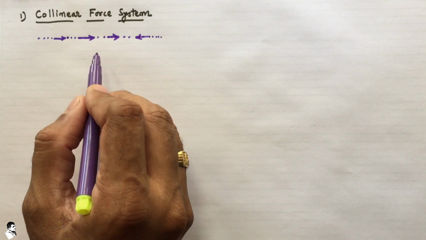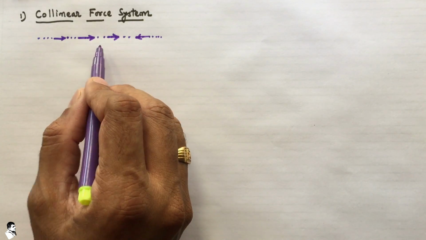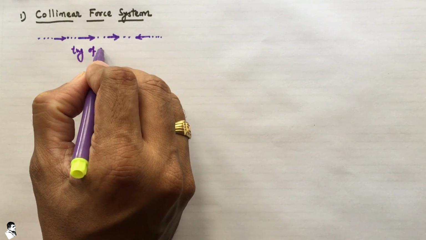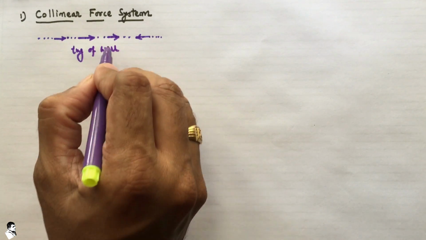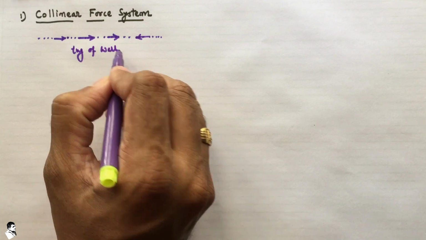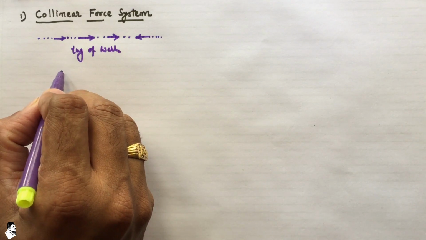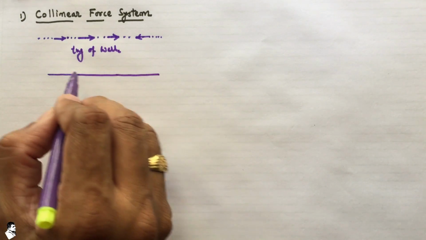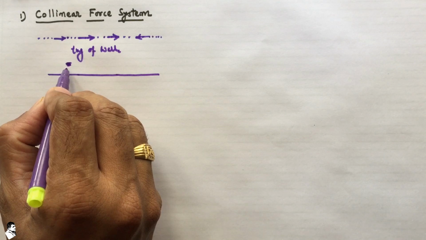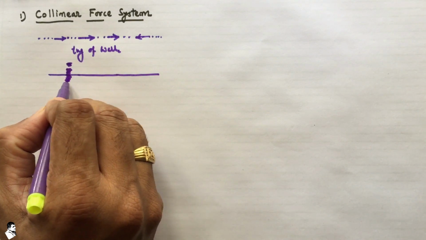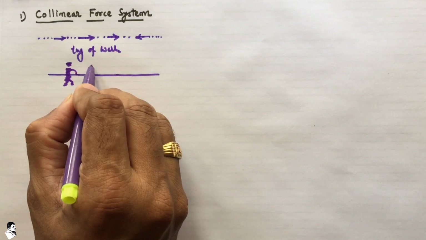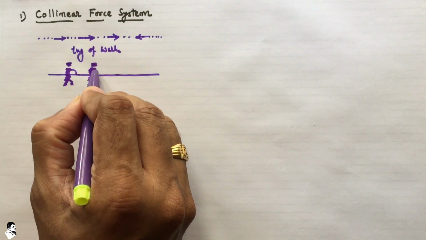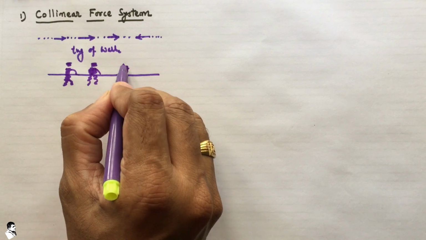For this type of example, if you observe the tug of war, there are many people trying to stretch the rope. If this is a rope, you can observe that the people are trying to stretch the rope in a particular direction.